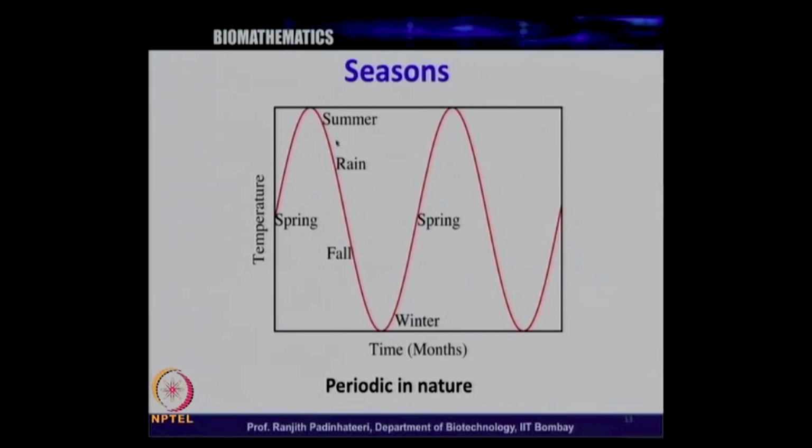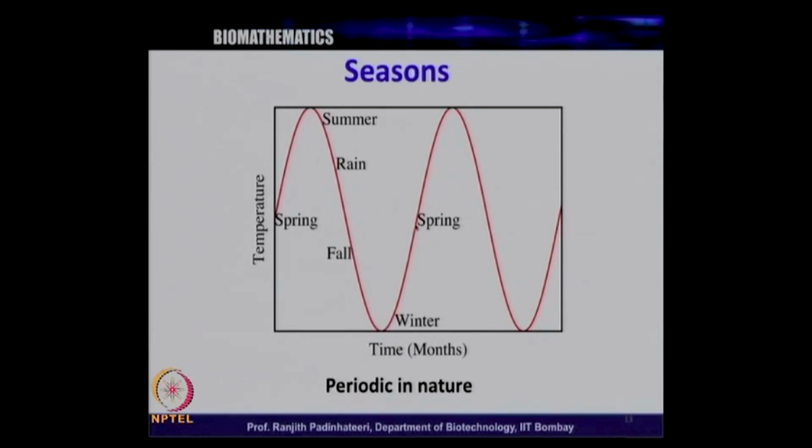June, July, August, the temperature decreases, and decreases further. And at winter you have the minimum temperature, and again the temperature increases. Winter is like January, so we have probably the minimum of the temperature, and then it slowly increases.